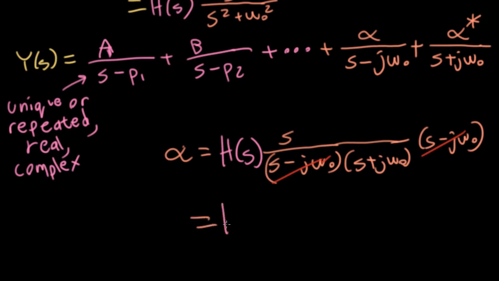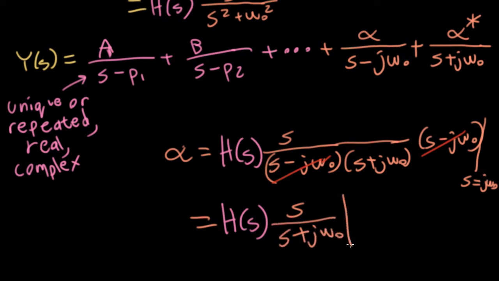I've got my H(s), I have my s sitting here in the numerator. Oh, I forgot I need to evaluate all of this at s equal j omega naught.